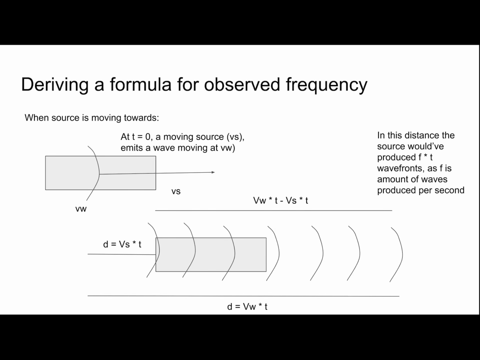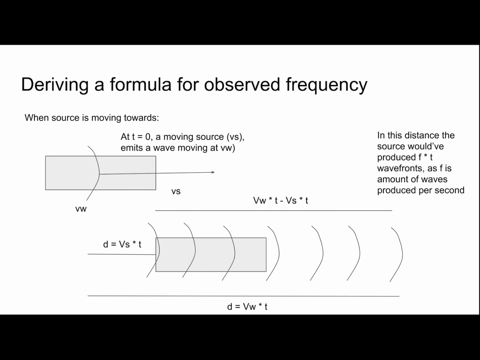After some t seconds, and t could be anything, could be 10 seconds, could be 20 seconds, the number of wavefronts produced by the source will be equal to the frequency times the time t. That's because frequency is the number of waves produced per second. So if we multiply by t, we'll get the total number of wavefronts produced in that t amount of seconds.